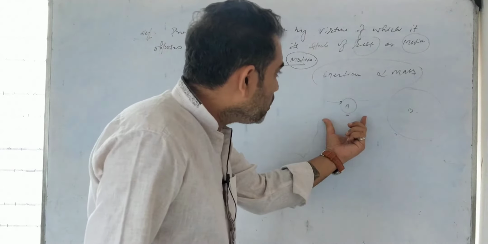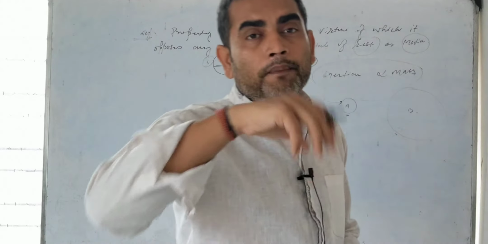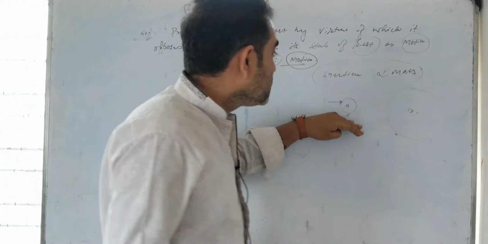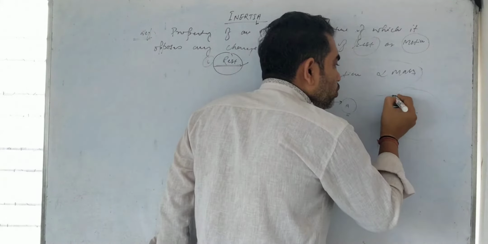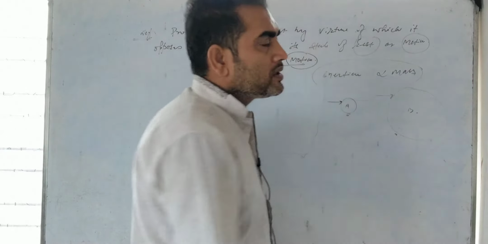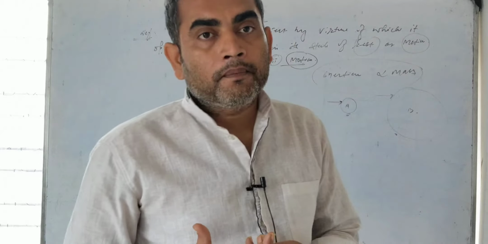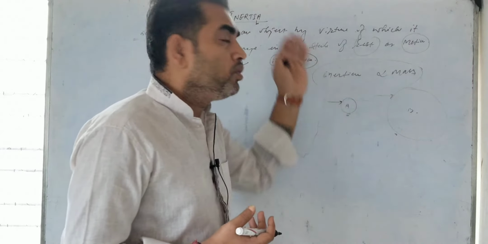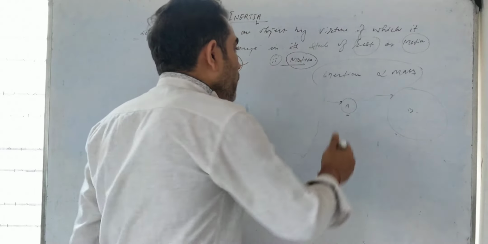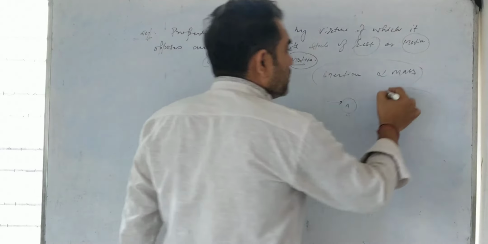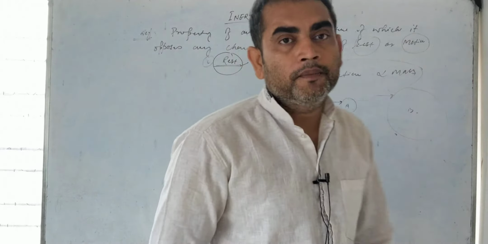Because the mass of the object is less, so we need only a little force to change its state of rest. But in this case, a huge force is required to change the state of rest of object B. Why does this happen? Both are the same object, made up of the same material, with the same composition. So why does one require a little force and the other a huge force to bring any change in its state?